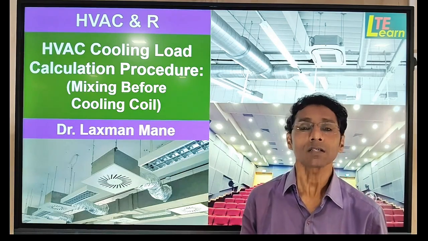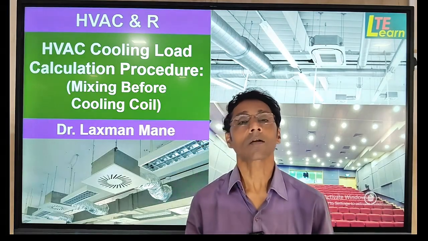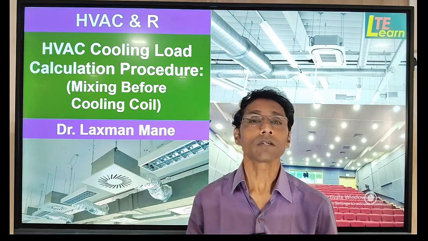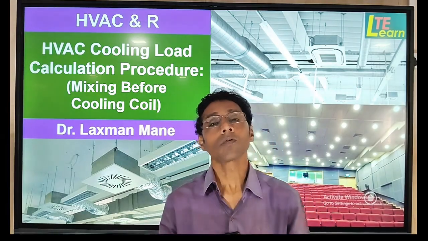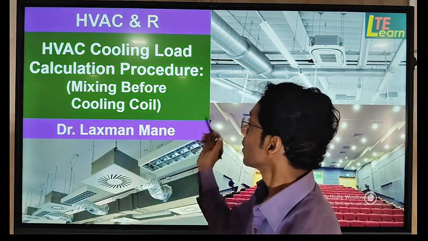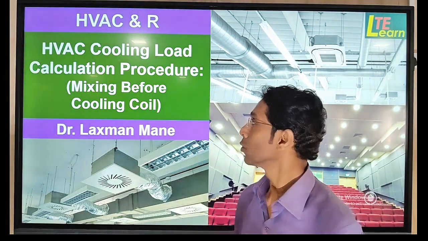After that, in air conditioning systems, the different processes which are used are called psychrometric processes, and we have studied those also. Then we studied how to use different properties and get their values from the psychrometric chart. So this whole knowledge we are going to use in today's video session for the calculation of HVAC cooling load.